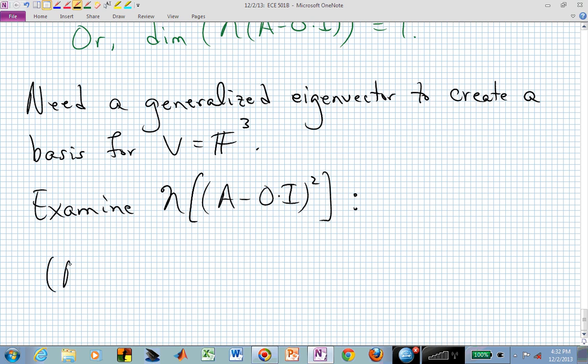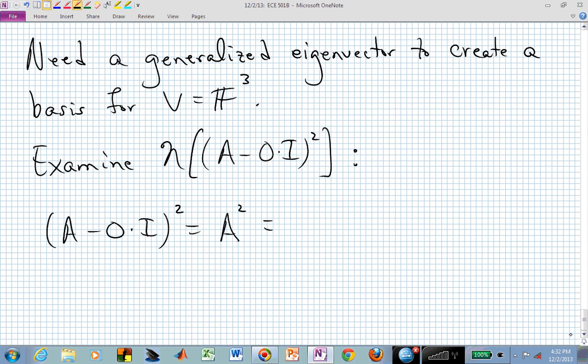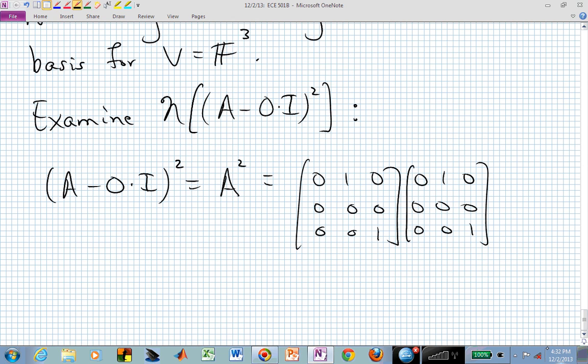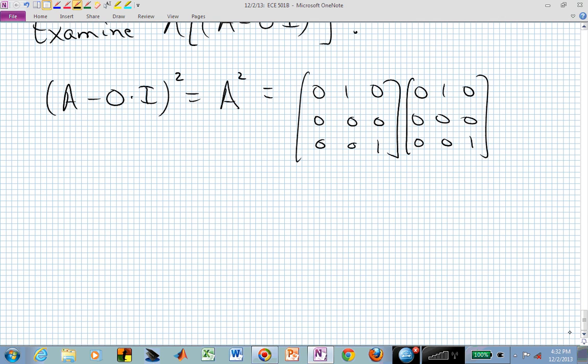In this case, if we look at A minus 0 times I squared, that's just A squared, since the 0 annihilates the identity matrix, and A squared multiplying that, or putting that matrix side by side, maybe makes it a little cleaner as to what's going to happen.